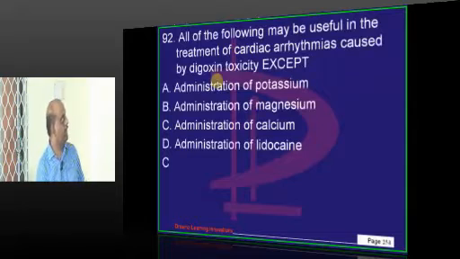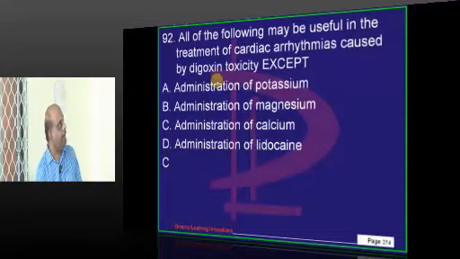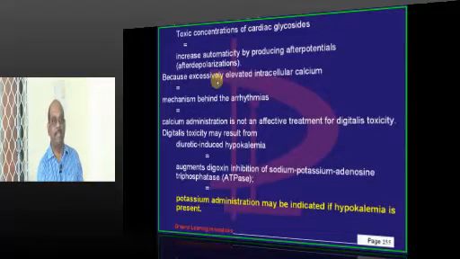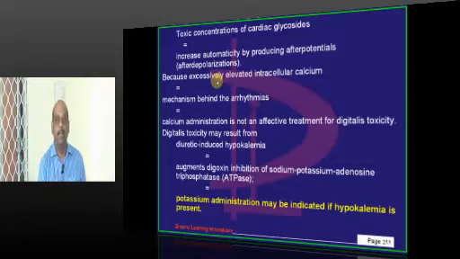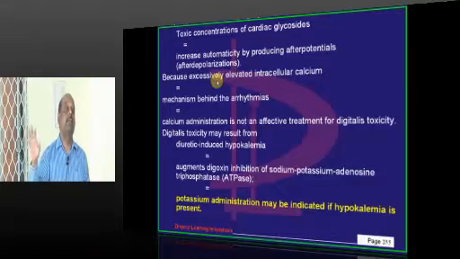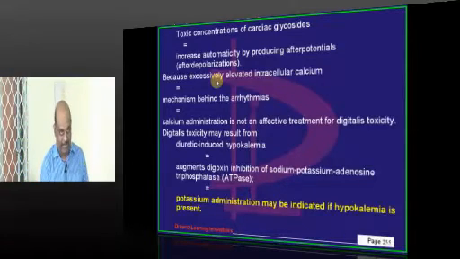Now doctor, cardiac arrhythmias, if they are due to digoxin toxicity, don't make the mistake of giving calcium. Anywhere else you can give calcium while managing arrhythmias, because hypercalcemia worsens the digoxin toxicity, is what you have to ultimately remember.